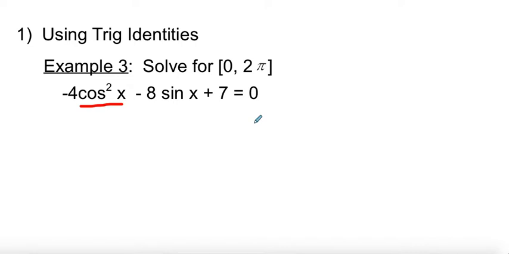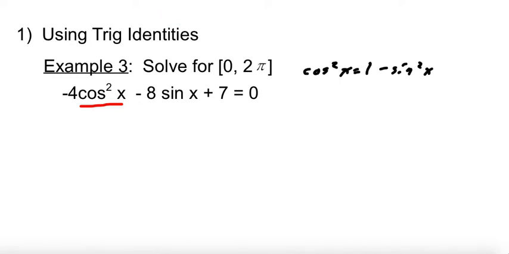So let's do that. Let's replace, and come over here and write it out. So cosine squared x is equal to 1 minus sine squared x. That way we'll have the entire problem here in terms of sine. So I want to erase this.